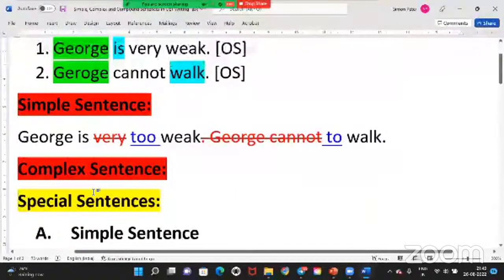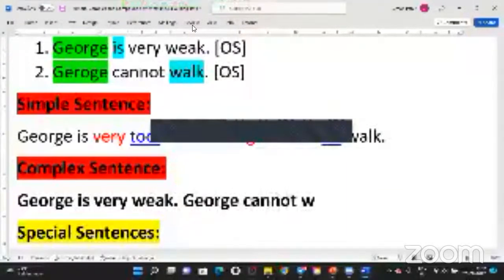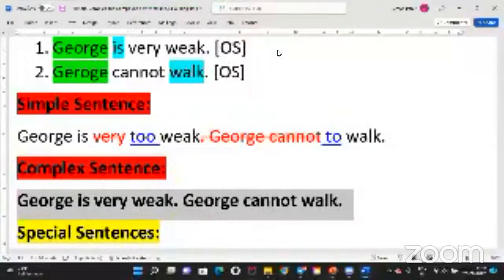Yeah. Now the same sentences we'll put here. George is very weak. George cannot walk. Now the same sentences we are using, and we are using the review style. George is, just remove very and put so weak, and use the conjunction that.